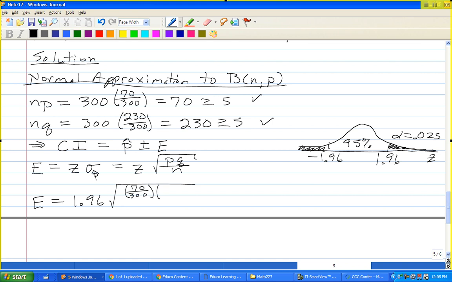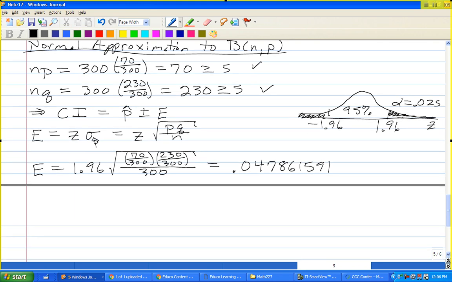Again, I don't have Q, but I do have the sample proportion of failures. If 70 are successes, 230 out of the 300 are failures, and n is 300. So you plug that into your calculator, and you get 0.047861591.